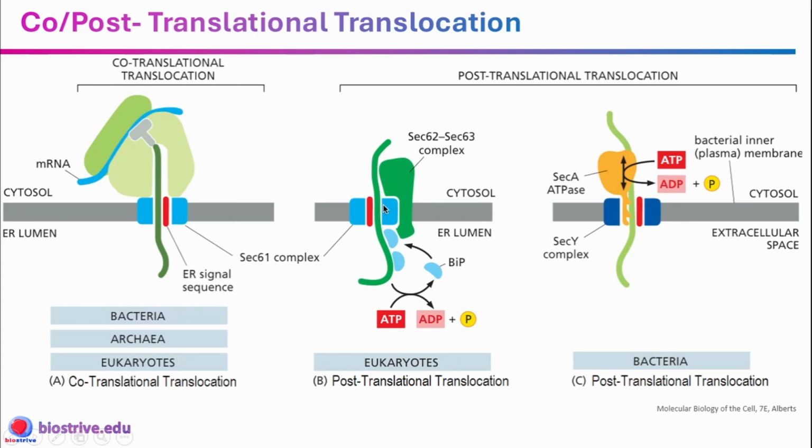In post-translational translocation, you can see the Sec61 complex is associated with the Sec62 and Sec63 complex, and there is association of BiP proteins which work through an ATP cycling mechanism, and these BiP proteins are preventing the backsliding of this protein and ensuring that this protein is pulled into the lumen.